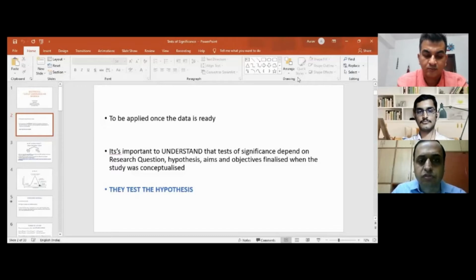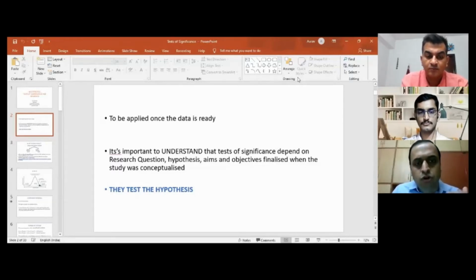These all will determine what sort of significance test will be applied to the study. These tests actually test the hypothesis and help to find out whether the null hypothesis which was taken is accepted or rejected. That is the whole purpose of these tests of significance, and whatever inference you draw is to either accept the null hypothesis or to reject the null hypothesis.